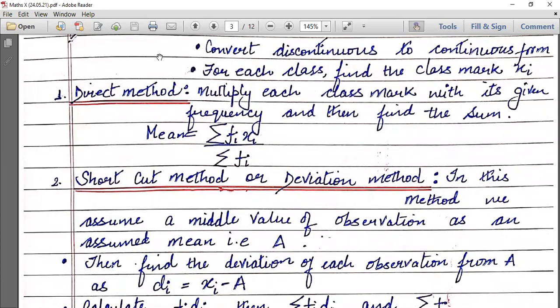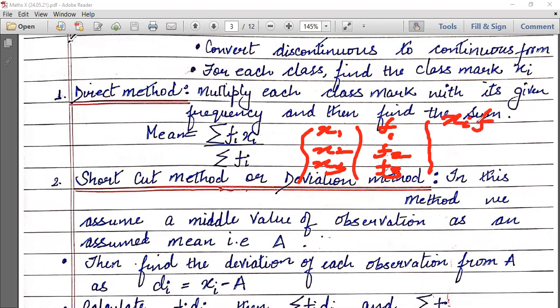If the frequencies are given to you, like you have the first column as marks x1, x2, x3, and the next column is the frequency, like f1 means f1 children got x1 marks, f2 children got x2 marks, and the third frequency is f3. Then children, you will make another column and find xi fi.